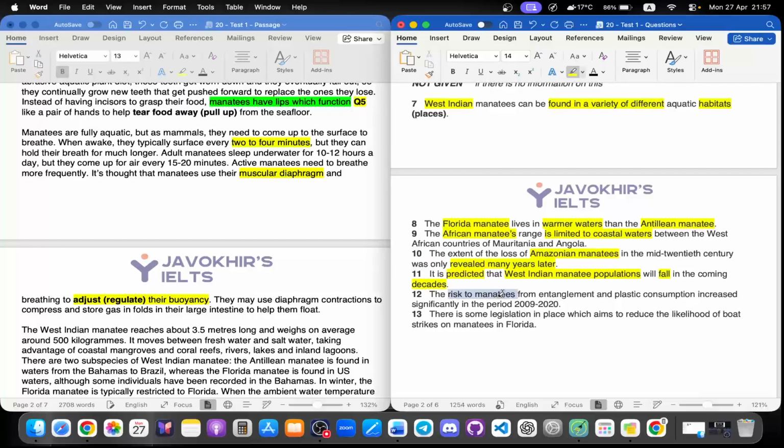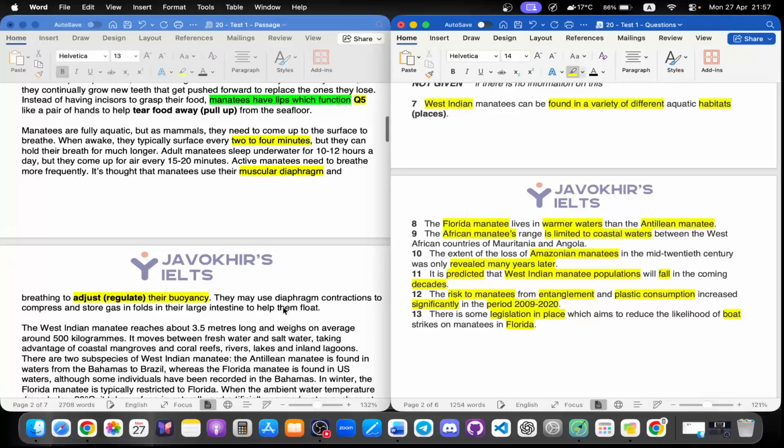The risk to manatees from entanglement and plastic consumption increased significantly from the period 2009 to 2020. So there is some legislation in place. Legislation means laws, policies, or rules enshrined by the government, anything constitutional, which aims to reduce the likelihood of boat strikes on manatees in Florida. All right, so we gotta make sure we have that as well.